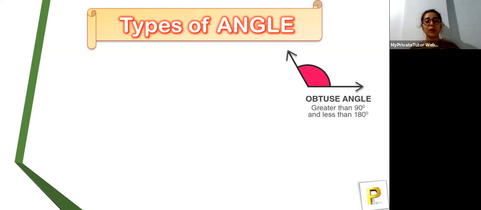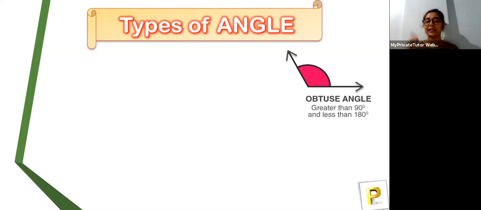Then you have the obtuse angle. What is an obtuse angle? Greater than 90 degrees and less than 180 degrees. What if it's 181? No, it is not an obtuse angle. And what if it's 89? No, it is not an obtuse angle.